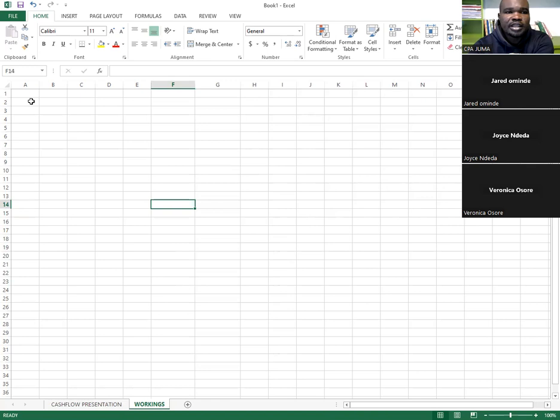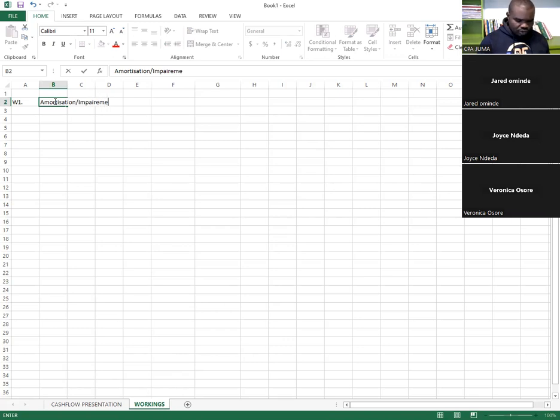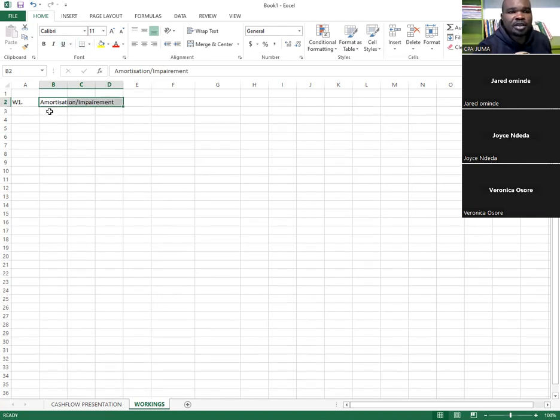Then I will say here, working one, that is W1. So W1 is on amortization slash impairment. There is no specific way you can do it.